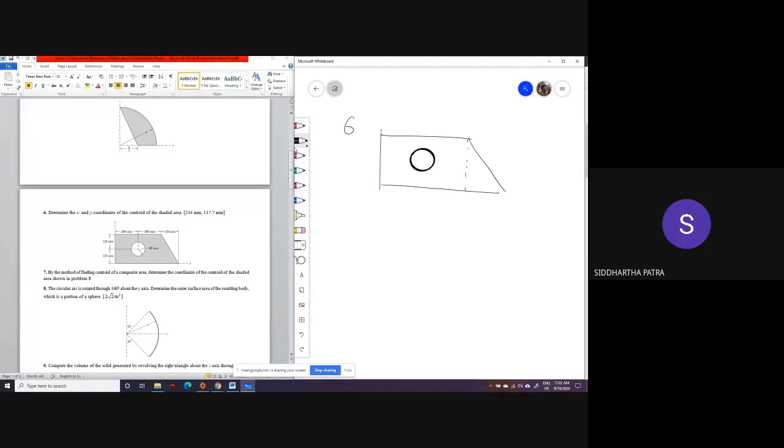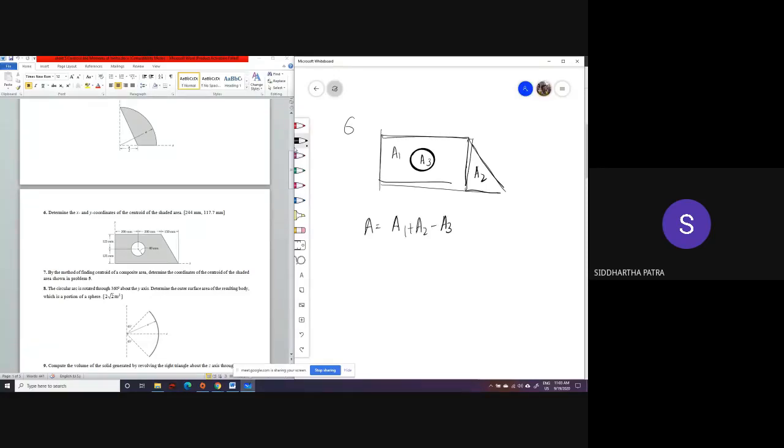You can imagine this rectangle is A1, this triangle is A2, and this circle is A3. Now the area in hand is A1 plus A2 minus A3.